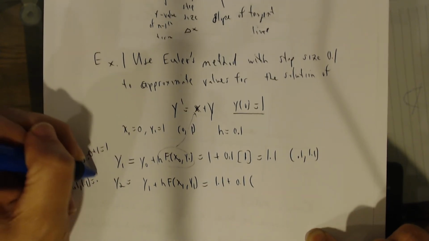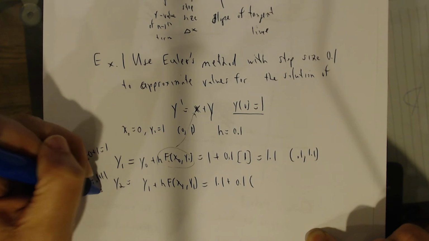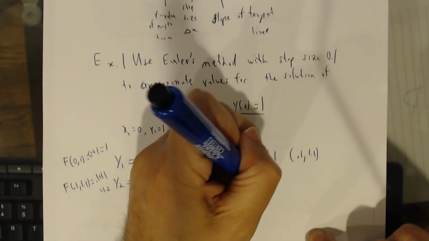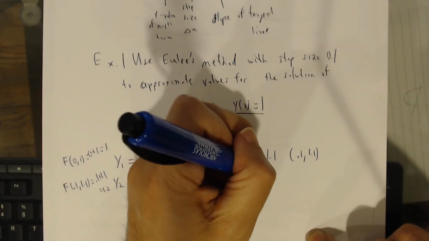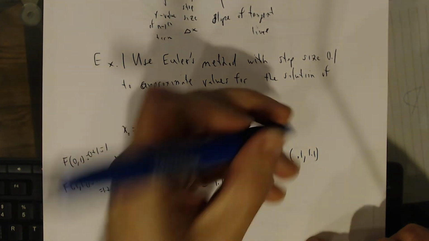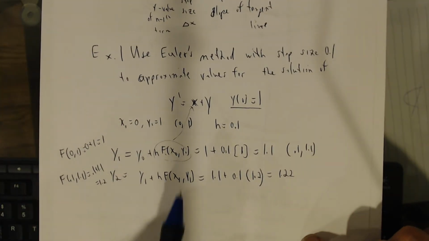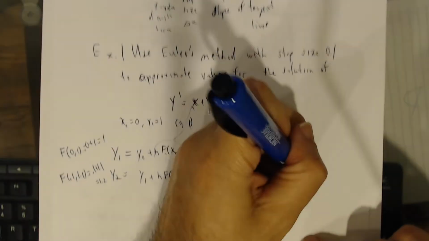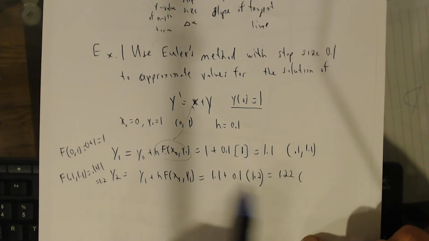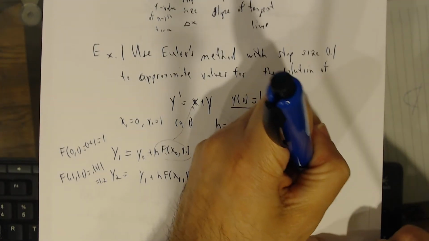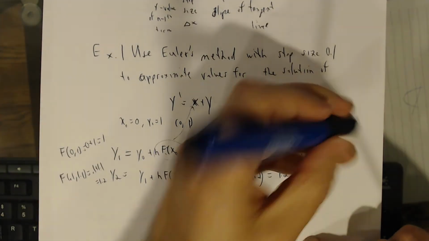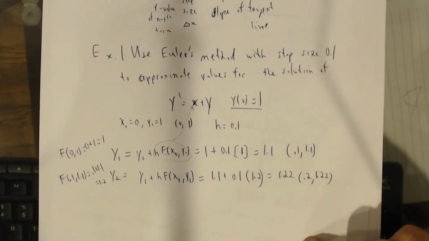That's 0.1 plus 1.1, which is 1.2. So if I plug in 1.2 here, I get 1.22. So what is this saying? The solution to this differential equation, from 0.1, when I moved another 0.1 to the right, when x is 0.2, the y value will be about 1.22.